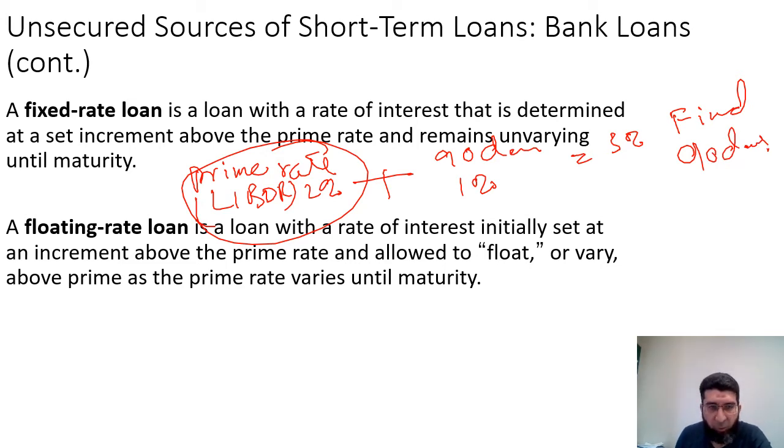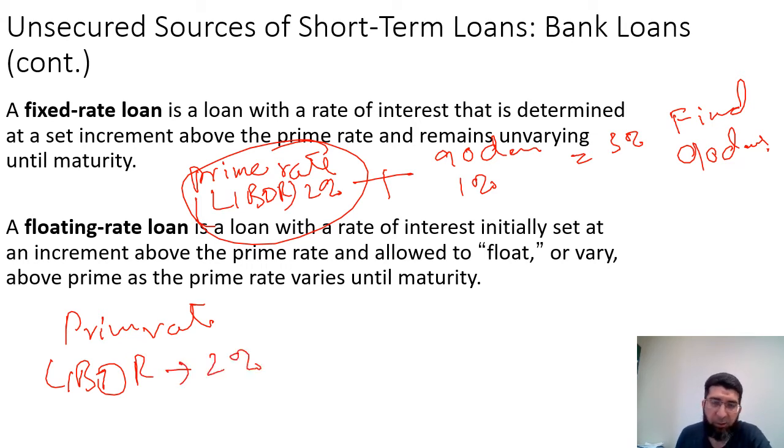Now, when we go to a floating rate loan, we have the prime rate, which is again, as I said, it could be LIBOR, the London Interbank Offer Rate. You are encouraged to check what it is on Google. So it is 2% plus 2%. So this remains fixed. Here we have the same, let's say 90 days 1%. So this will be 3%.